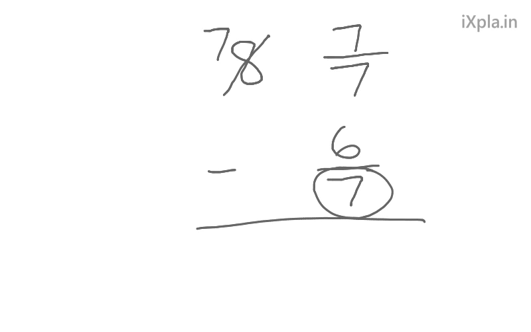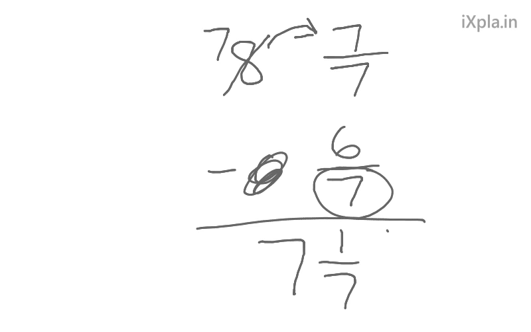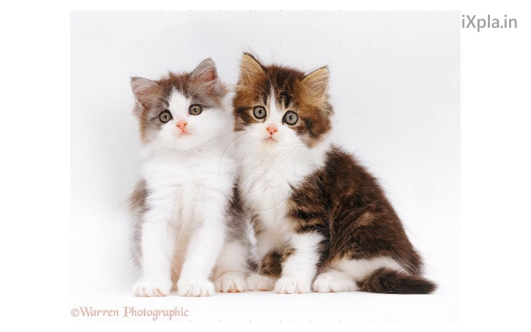Now the 1 we borrowed looks like 7 over 7. 7 over 7 minus 6 over 7, we get 1 over 7. And then 7 minus nothing, so 7 just gets moved down. Our answer is 7 and 1/7. Oh, look at those little cute kittens.